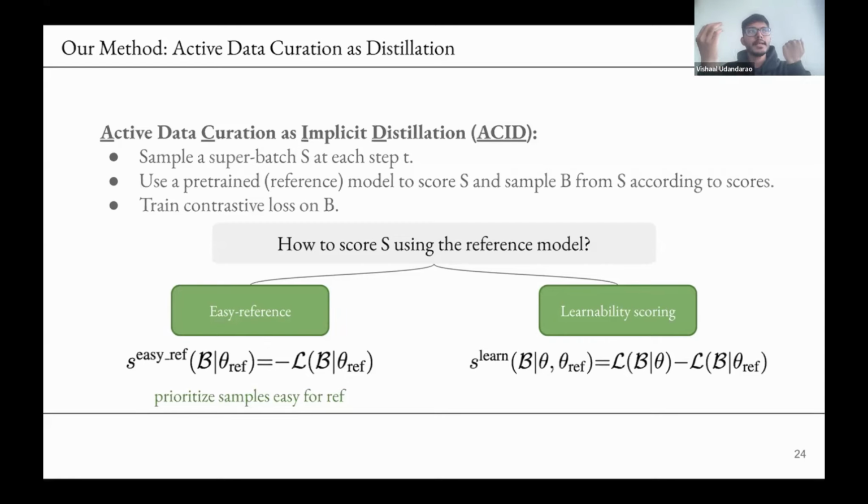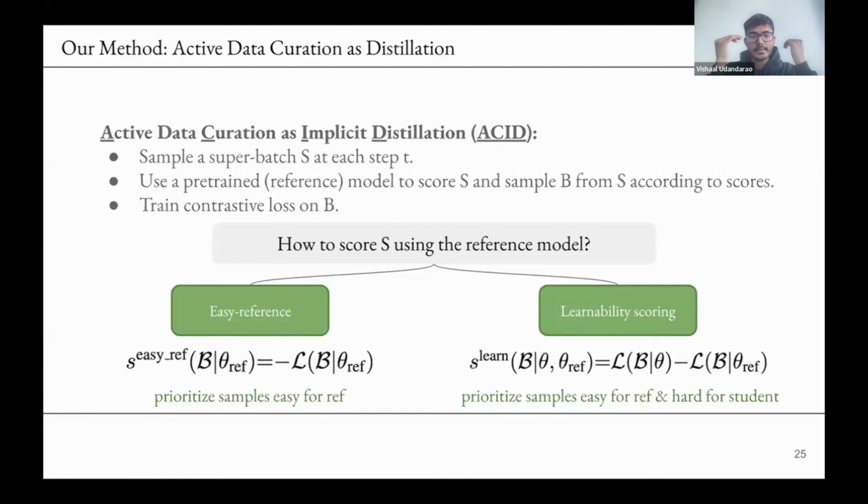Hence, you also want the student to be able to make some decisions on how easy or difficult each of the samples is. So in this learnability scoring, we take the loss of the sample under the student model and subtract the loss under the teacher. What this is doing is prioritizing samples that are easy for the reference, or the teacher, and hard for the student model.